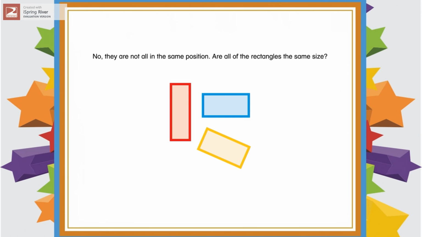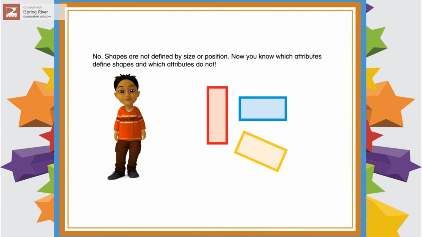Are all of the rectangles the same size? No, they are not all the same size. Does size or position determine if the shapes are rectangles? No, shapes are not defined by size or position. Now you know which attributes define shapes and which attributes do not.